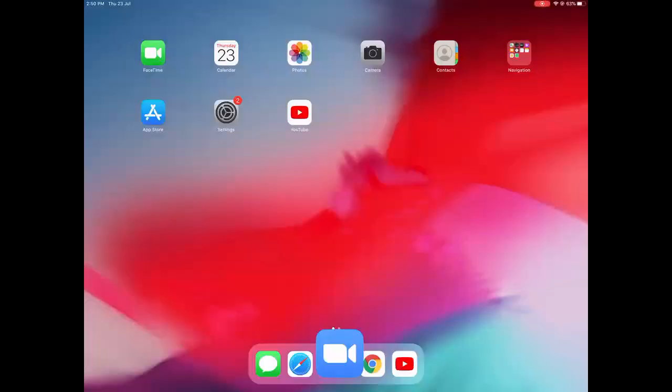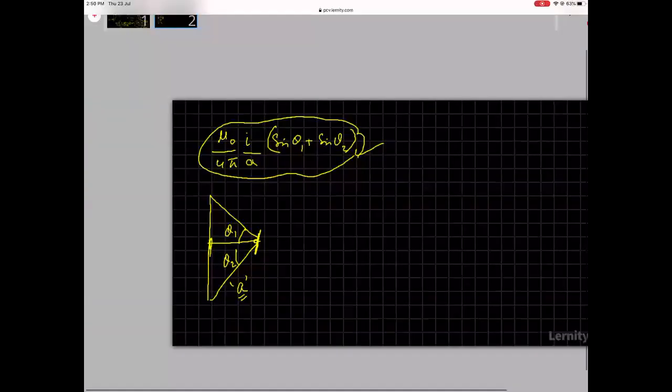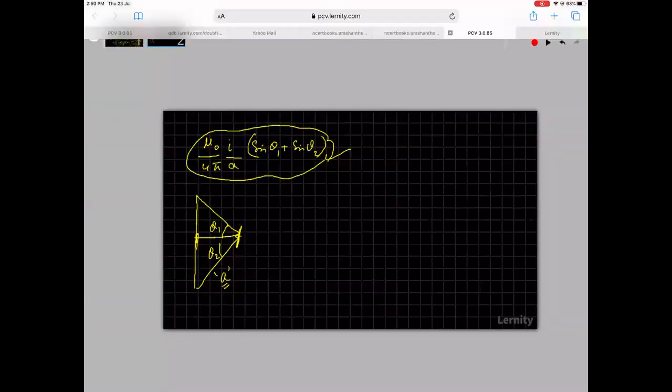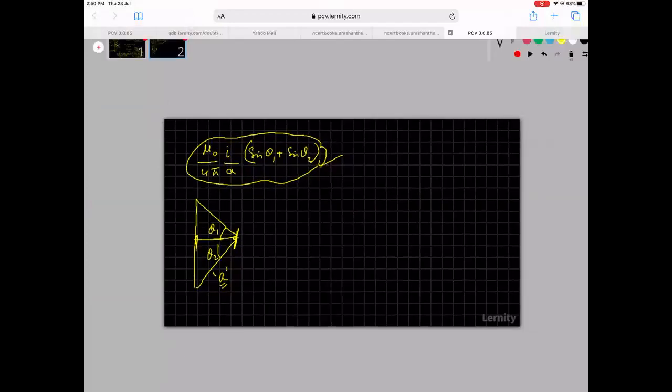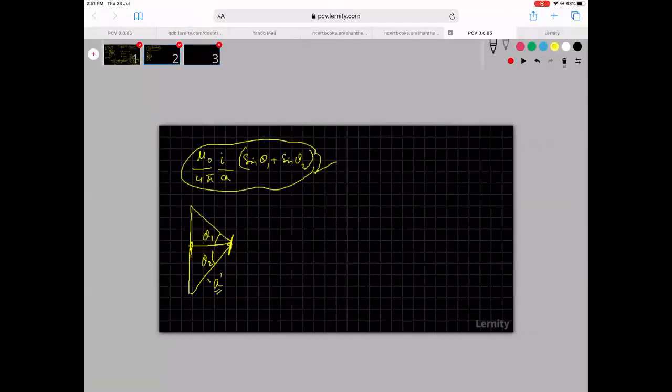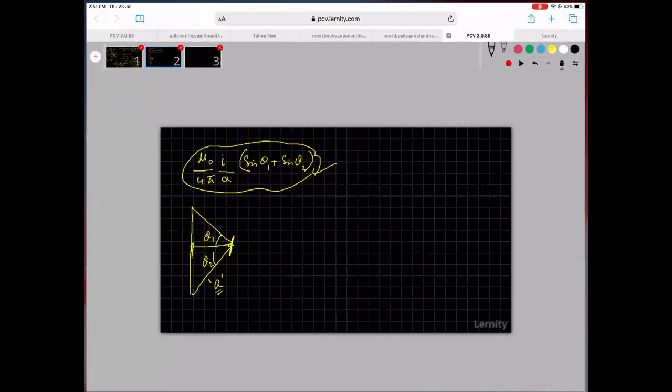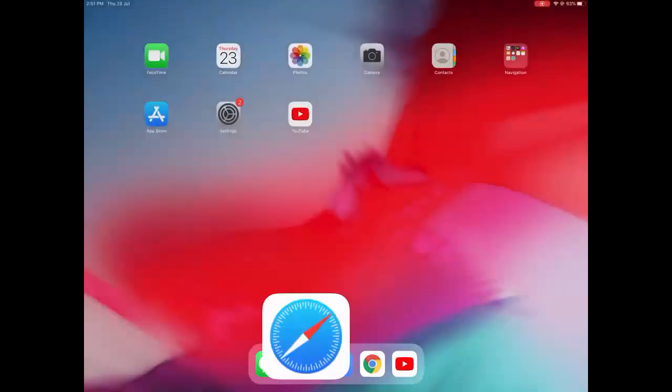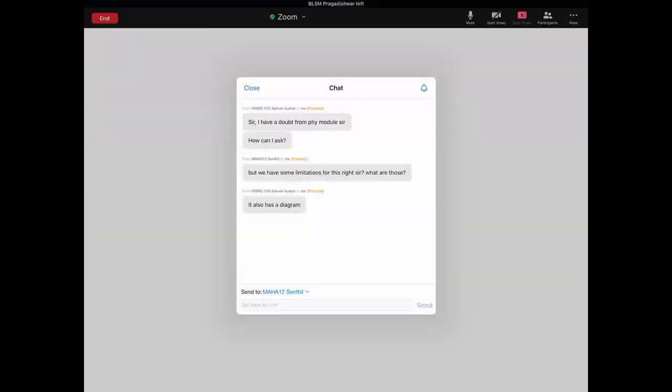Biot-Savart law can be applied anywhere. There is no problem. In fact, Ampere's law has a limitation. Ampere's law will work only if there is symmetry. If there is no symmetry, Ampere's law doesn't work. Biot-Savart law is a universal law which can work everywhere. Ampere's law has problems. Biot-Savart law has no problem.